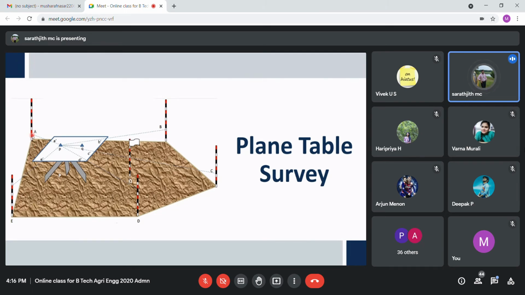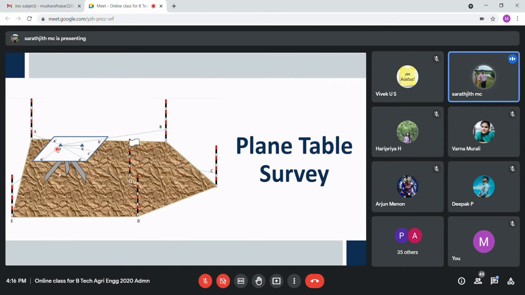Okay, and what you do is sight this ranging rod with some tools from this point. So you will know that particular direction from here.